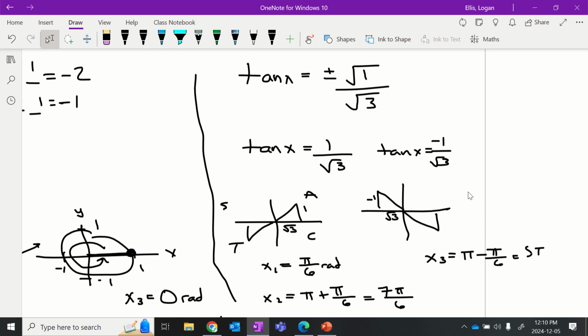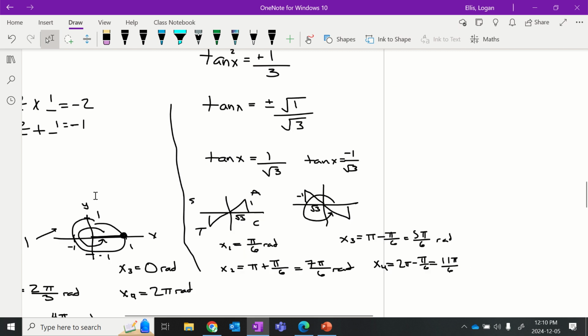So that'd be 5 pi over 6 rad. I should be writing rad on all these, sorry. And then the last one would be 2 pi minus pi over 6, right? Which is 11 pi over 6. And pretend I wrote rad there, I ran out of room. All right.